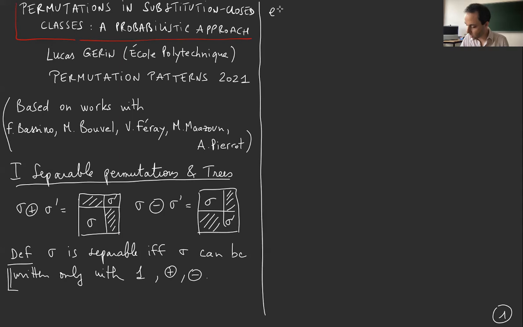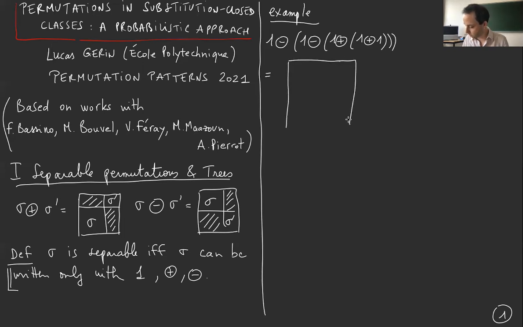So here is an example. For instance, 1 minus 1 minus 1 plus 1 plus 1. By construction, it's separable. And let's see its diagram.